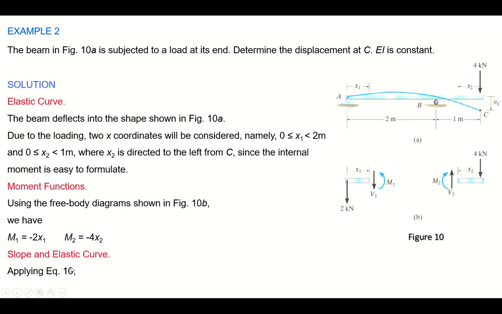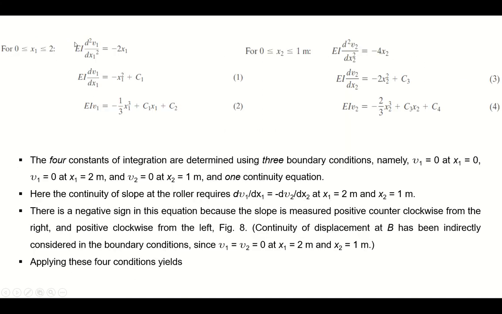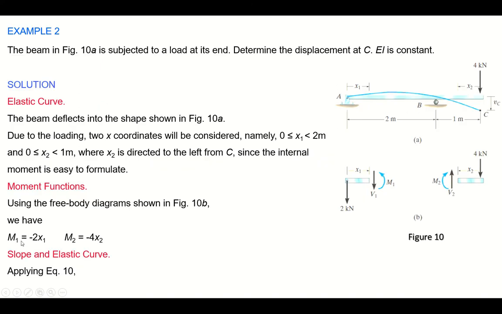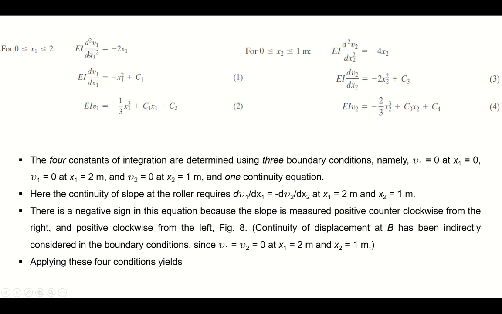So the slope and elastic curve. Applying equation 10, which was the moment equation, the second order differential equation, moment is equal to minus 2x1, right? So instead of m1 we have written it in the form of equation 10, and similarly the other moment m2. The limit is that it is from 0 to 2 and it is from 0 to 1. Integrating this equation with respect to x will give us x1 square plus c1, and integrating again.